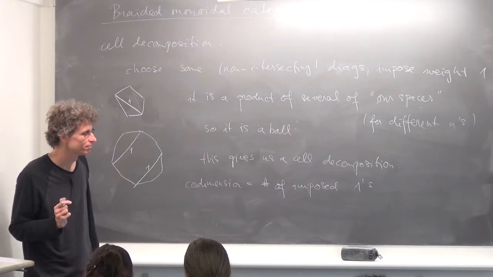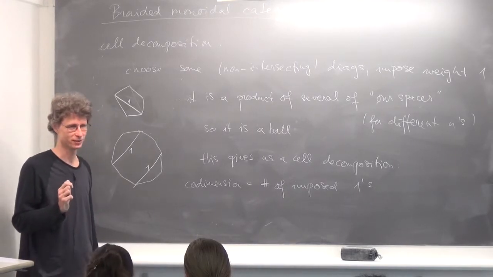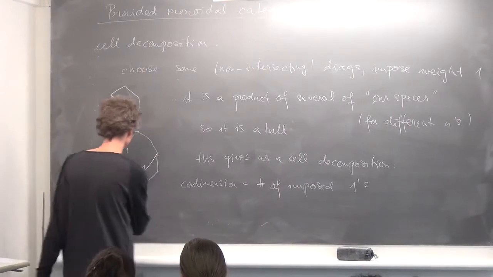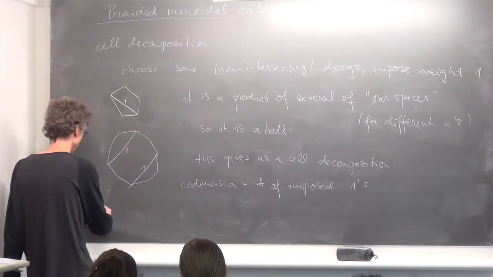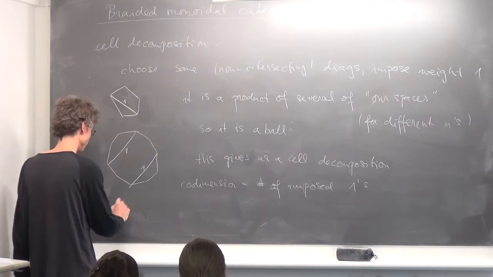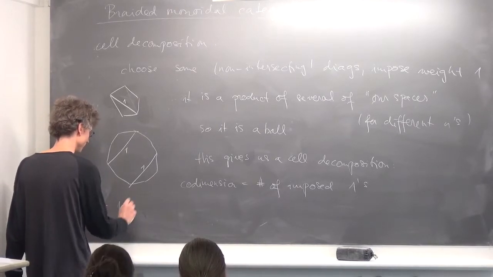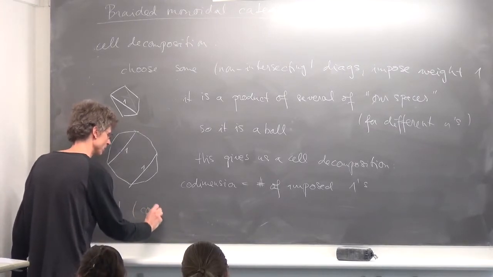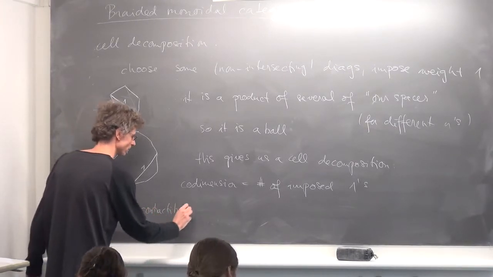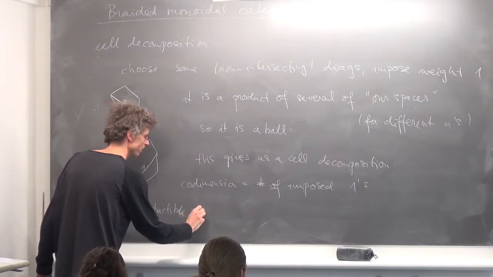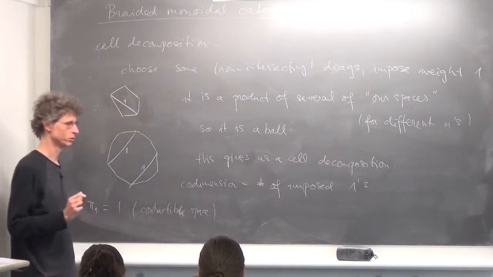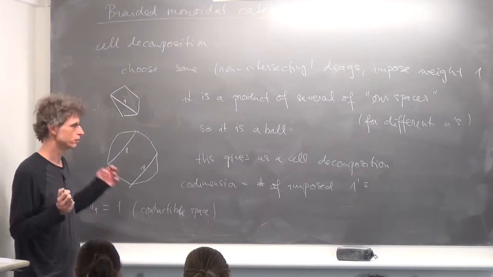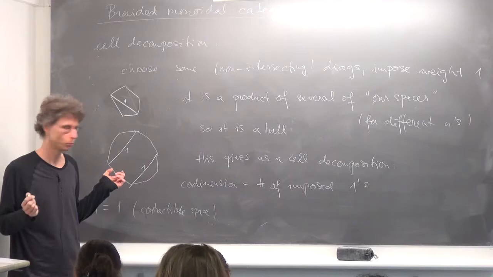We know that this fundamental group is not very interesting if the space is contractible, or if it's a ball. So pi 1 is just trivial, because we have a contractible space. But let me now talk about the fundamental groupoid.